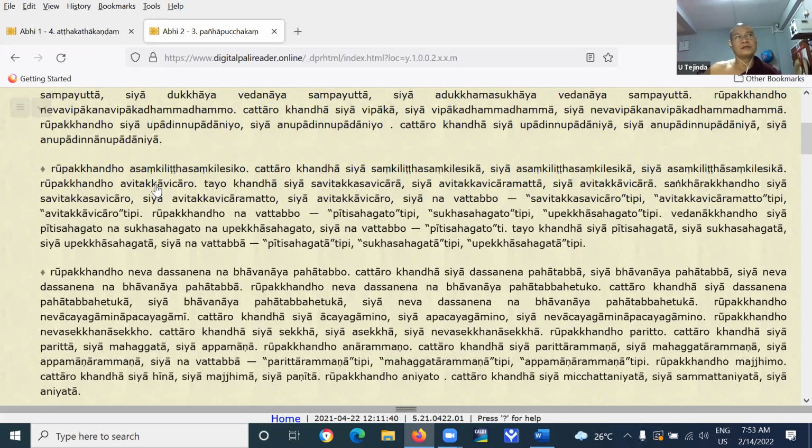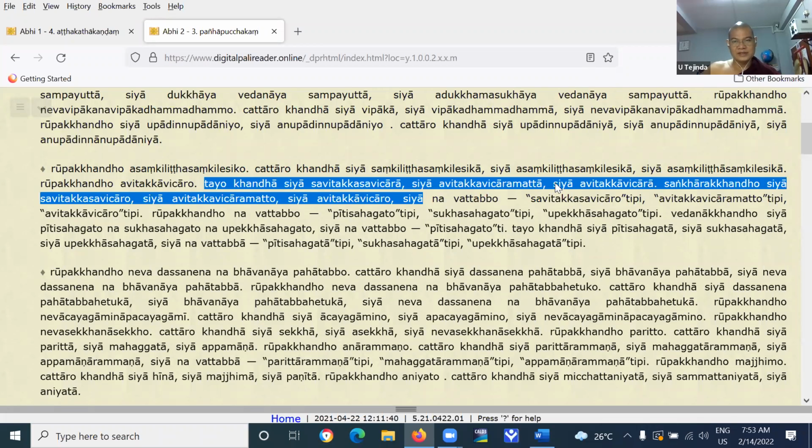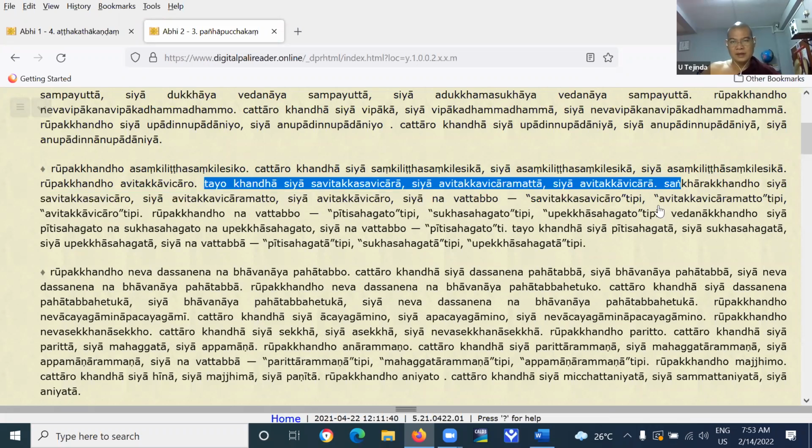So the reality is that those associated with vitakka vicara are only nama khanda, not rupa khanda. The four khanda here, remember: Cattaro Khanda siya savitakka savicara, siya avitakka vicaramatta, siya avitakka avicara. Tayo Khanda here. What are the Tayo Khanda?